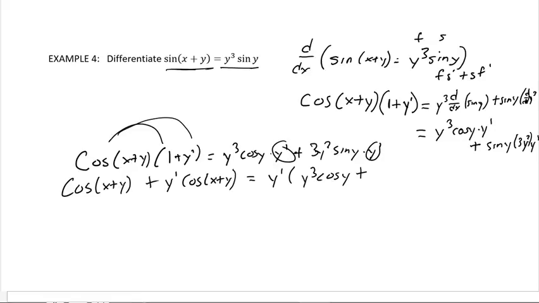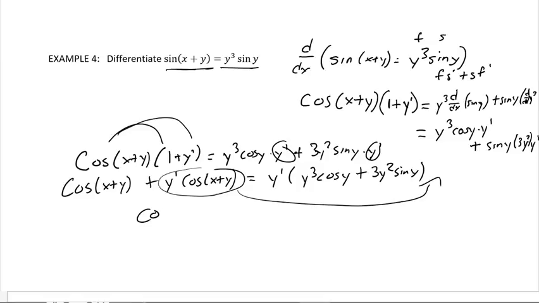Now this one has to go over here, so I'm going to do that and factor out at the same time. Cosine of x plus y stays where it is. So all three of these I'll be subtracting, so it'd be y prime, and this would stay the same, times cosine of y, not minus, plus 3y squared sine of y, and then minus cosine of x plus y.